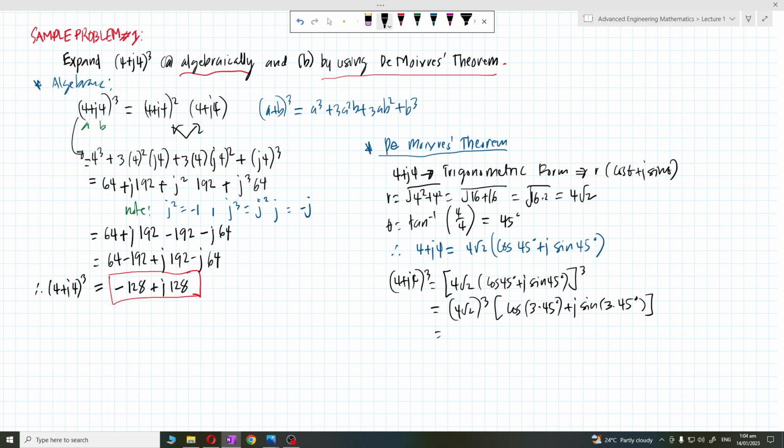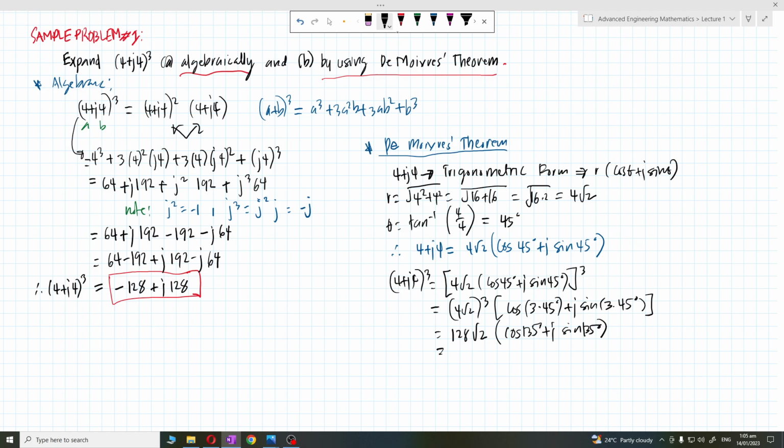So 64 times 2 square root of 2 is 128 square root of 2. Then 3 times 45 degrees is 135 degrees: cosine 135 degrees plus j sine 135 degrees.